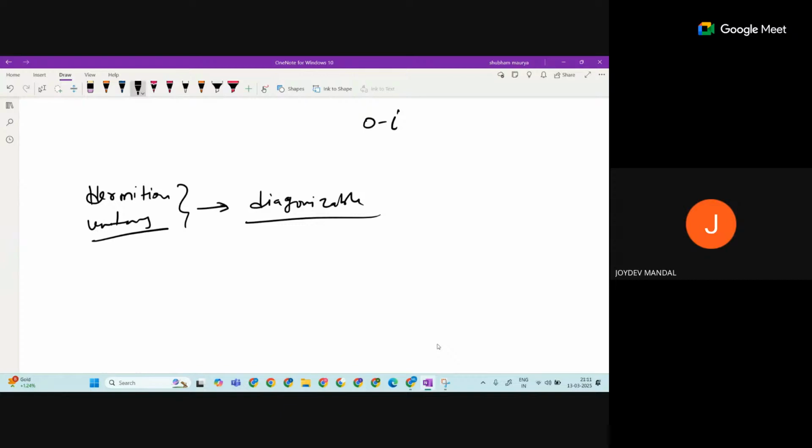Is a unitary matrix also diagonalizable? Yes, unitary is also always diagonalizable. Why we are specifically studying Hermitian here is that I added unitary from my side. You can check that unitary is also diagonalizable, but this is the spectral theorem.